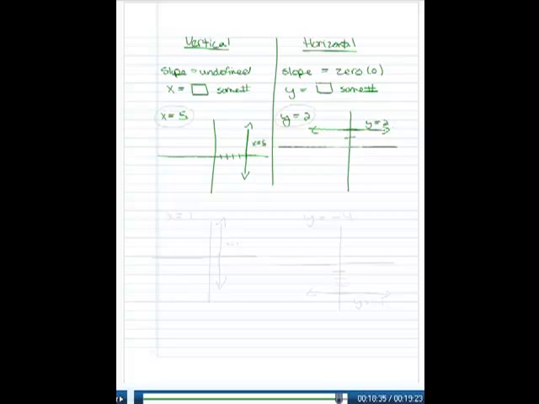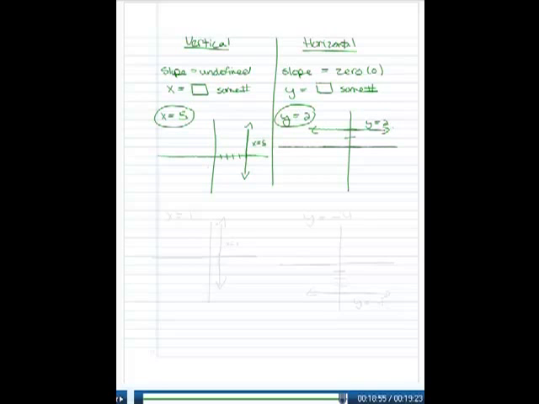Notice that vertical lines are parallel to the y-axis, even though the equation is x equals. And horizontal lines are parallel to the x-axis, even though the equation is y equals. It's almost the exact opposite, if you want to think about it like that. So let's just do a couple more examples.